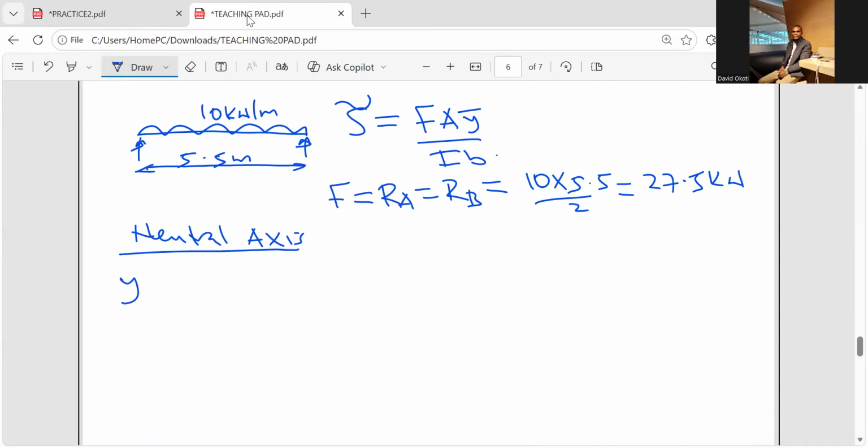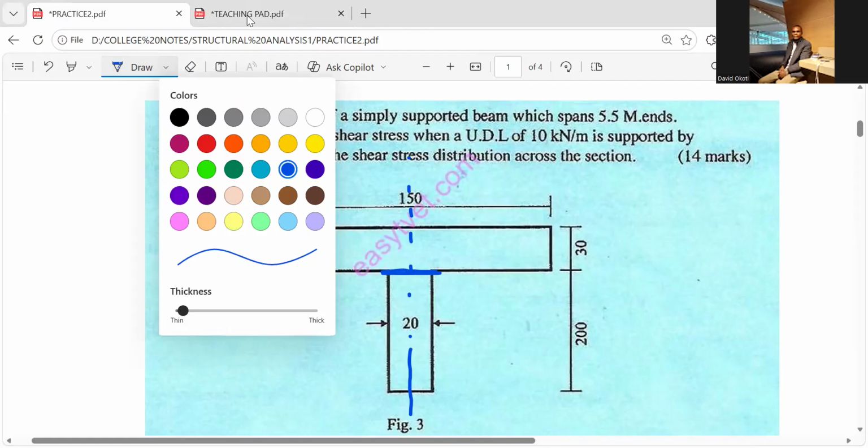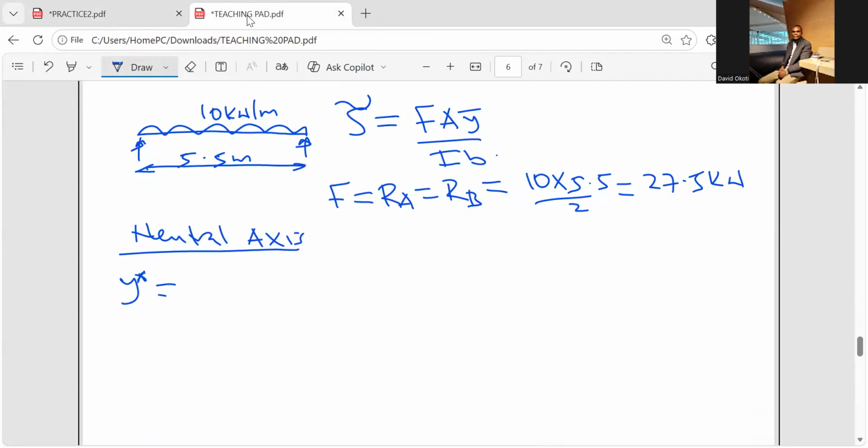Now here, Y star is equivalent to, now I'll split my T section into 2. I can call this one area 1, and this one will be area 2. Now here I'll say my Y star is A1 Y1 plus A2 Y2 divided by capital A. Remember, capital A is the area of the entire section, which is the sum of A1 and A2. Now let's start.